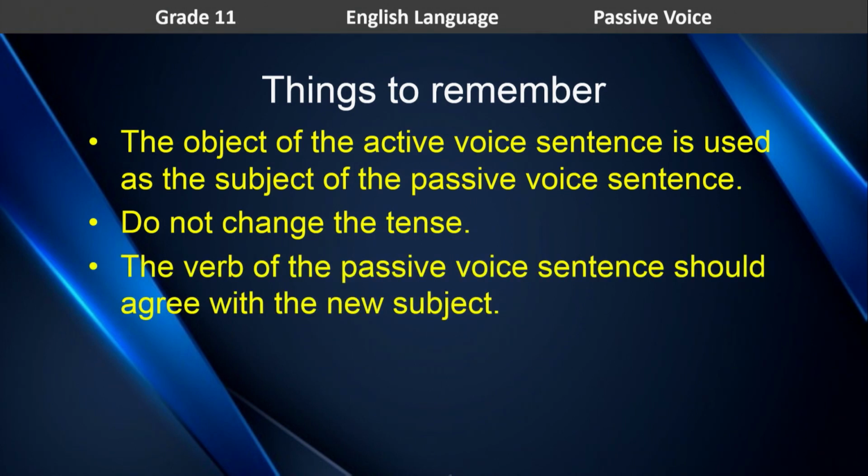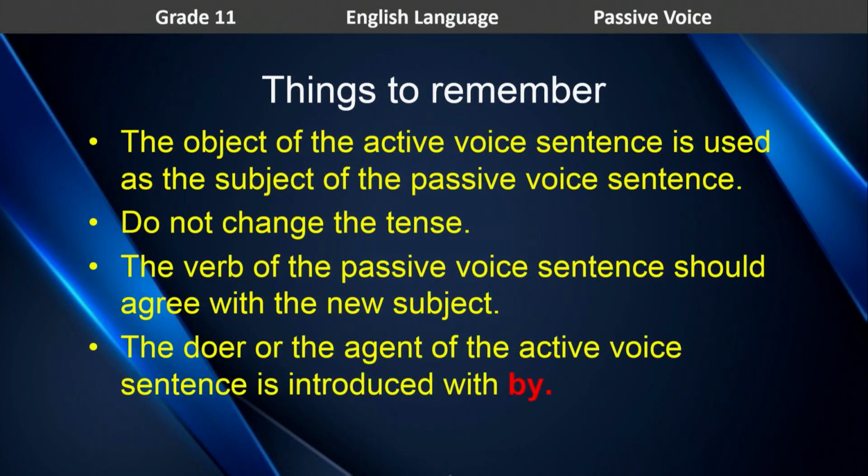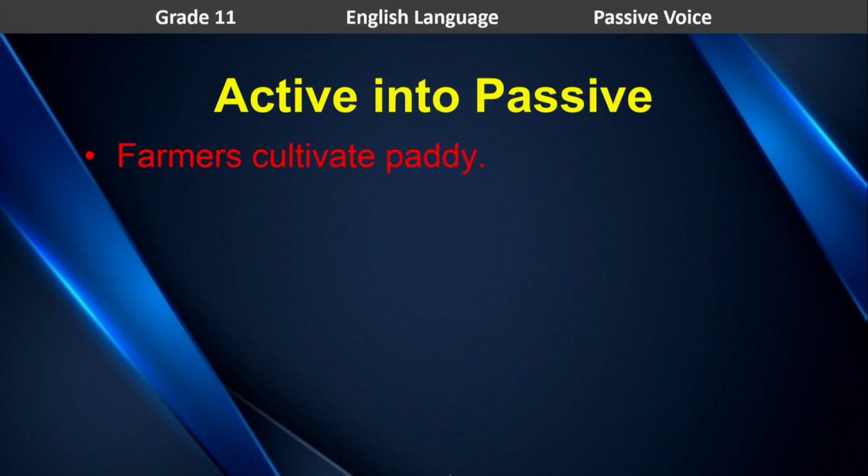And the verb of the passive voice sentence should agree with the new subject, singular or plural. And then remember, the agent is mentioned with the word by. These are the things that we have to remember when we convert an active voice sentence into the passive voice sentence.